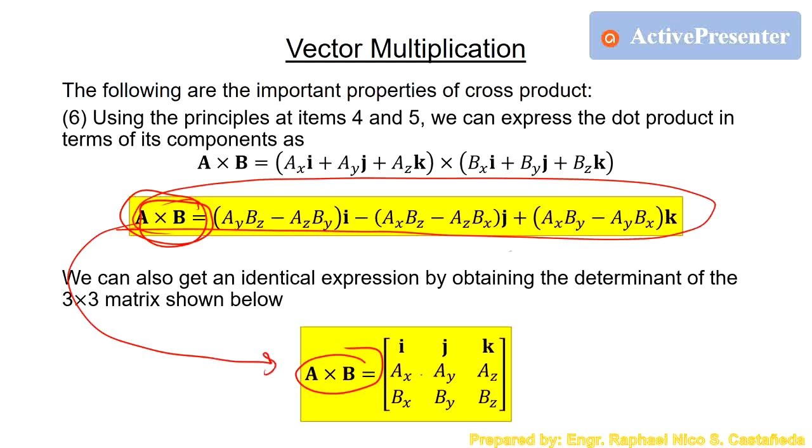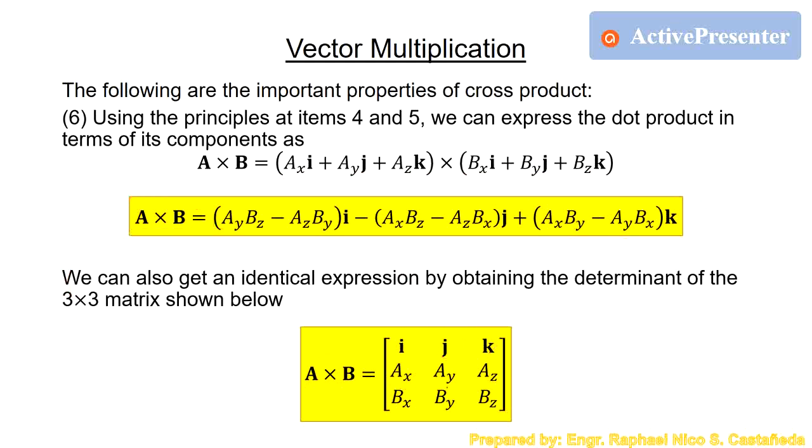This one is easy to remember if you already know how to get the determinant of a 3 by 3 matrix. We have i, j, k, then the components of A and the components of B. You just place the values here and perform the determinant.